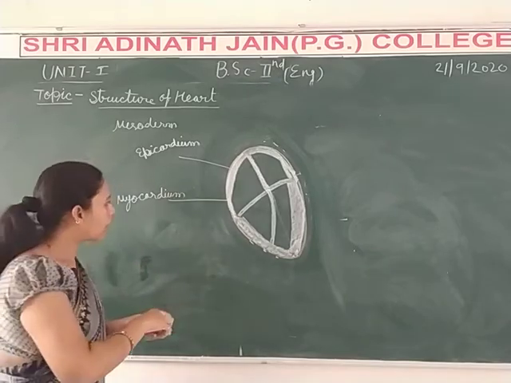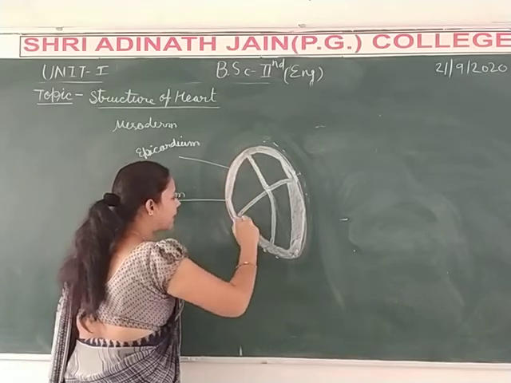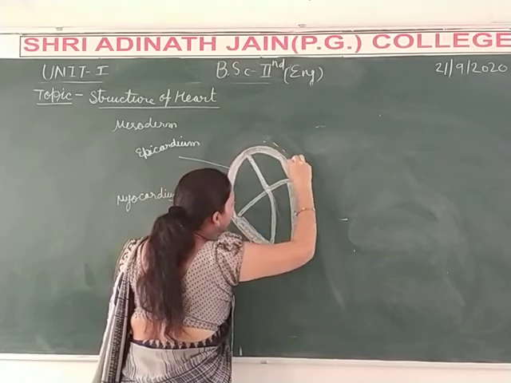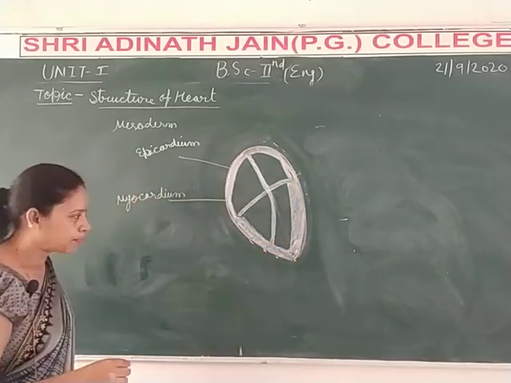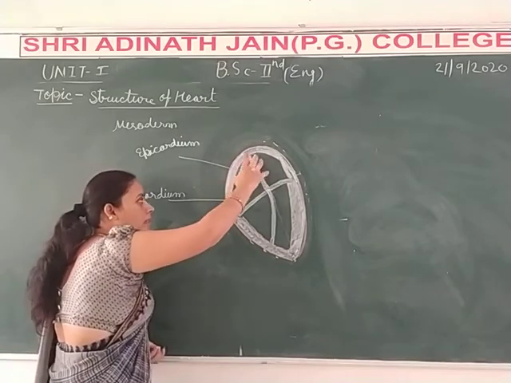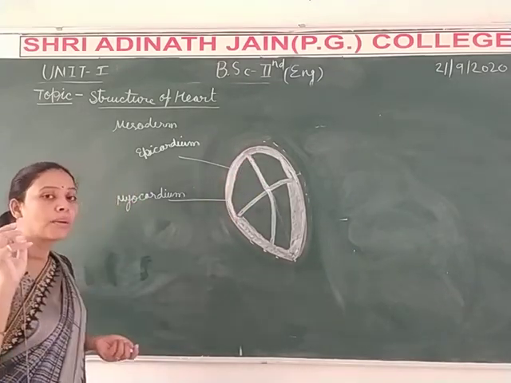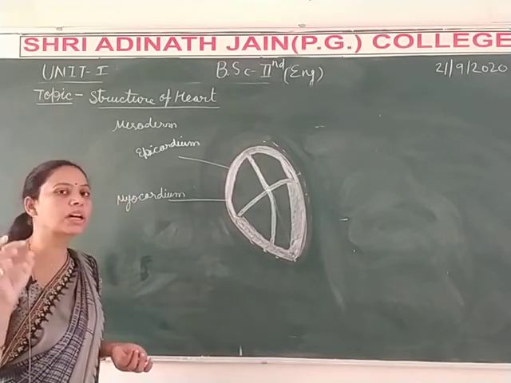The outer is parietal pericardium, the inner wall is, and we can say it is an epicardium. The inside of that, the wall of heart, has the thick layer of muscular tissue.